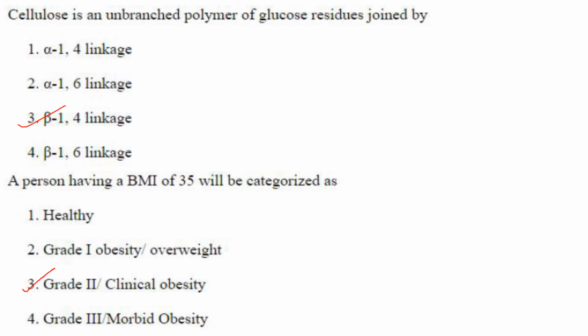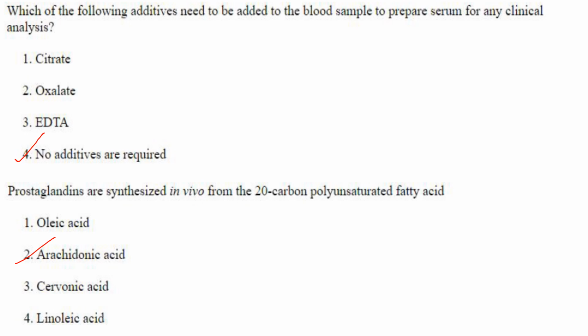Then next one. A person having a BMI, body mass index, of 35 will be recognized as. As per the WHO BMI classification, he or she will be recognized as grade 2 clinical obesity. Answer is option 3. Then which of the following additives need to be added to the blood sample to prepare serum for any chemical analysis?